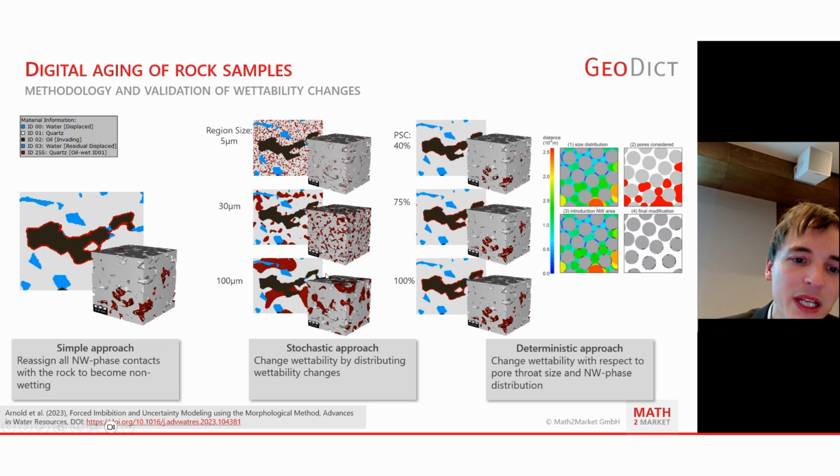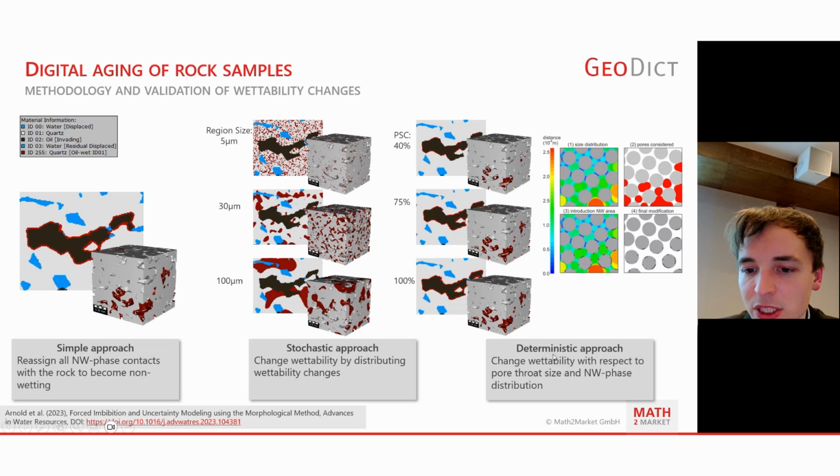So it is not based on the oil distribution within the pore space, but on the stochastic distribution of these mixed wet surfaces, while it does not consider the oil saturation.